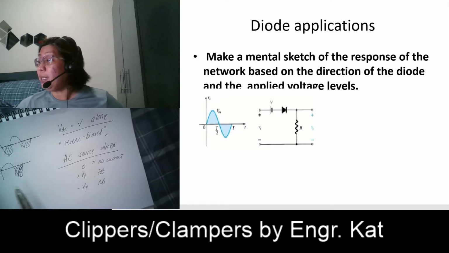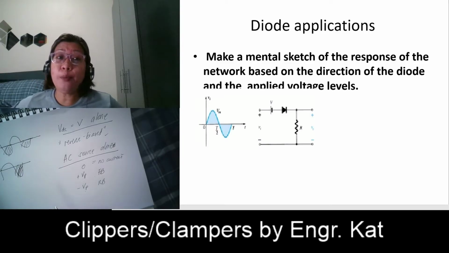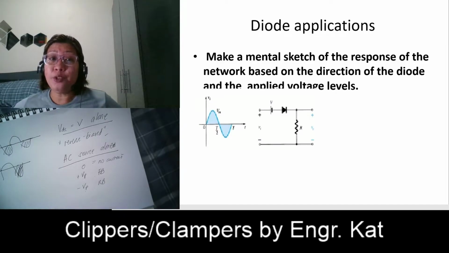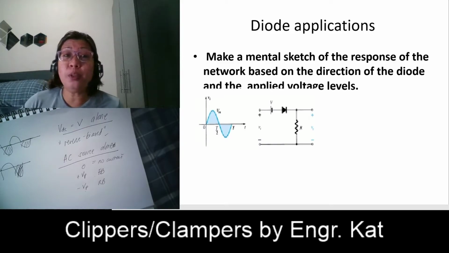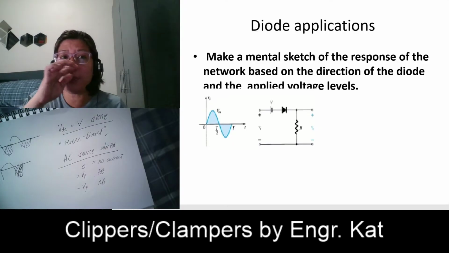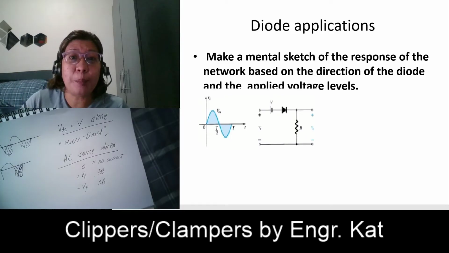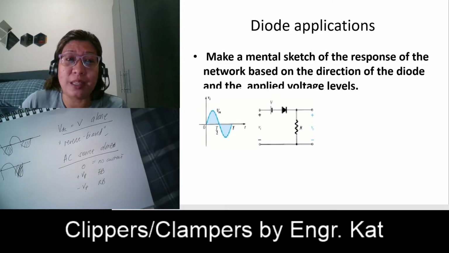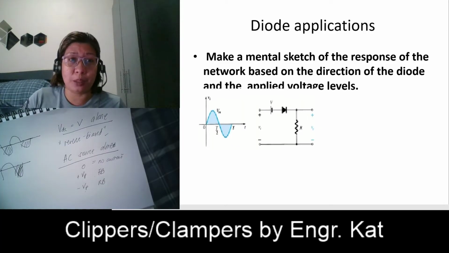Since your input is changing, there is a time that your input is greater than this V here, and there is a time that your input is lower than your V here. If your input is greater than your voltage V, that is the time that your diode is forward biased. But if your input voltage is less than your voltage V, then your diode is reverse biased.